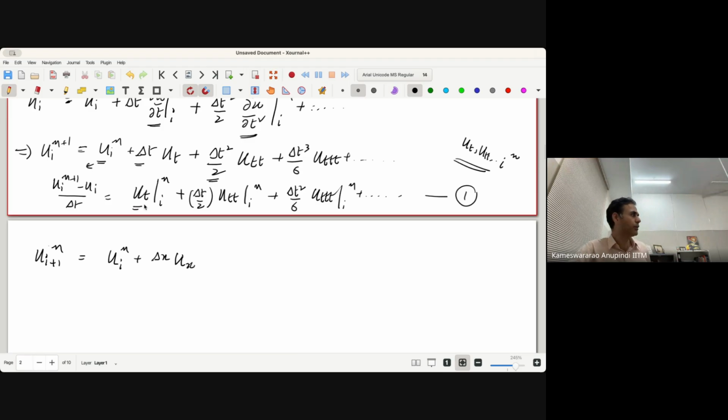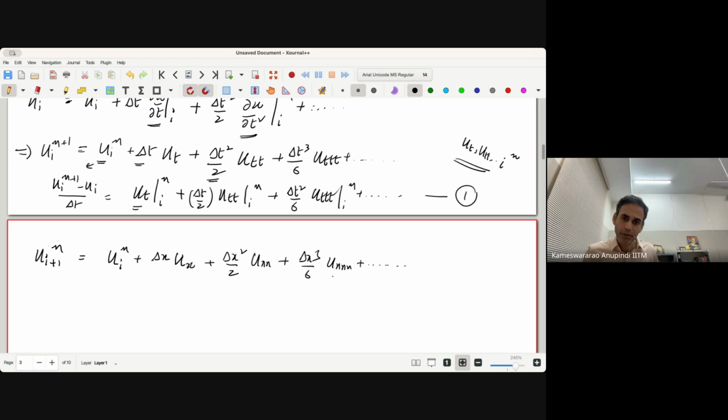If the derivative is with respect to time, we're going to write it as dou u dou t. If the derivative is with respect to space, we're going to write it as u_x, instead of u_t. And then plus you will have delta x squared by 2 factorial u_xx, plus delta x cubed by 6 u_xxx and so on. Of course again these are all at i comma n.